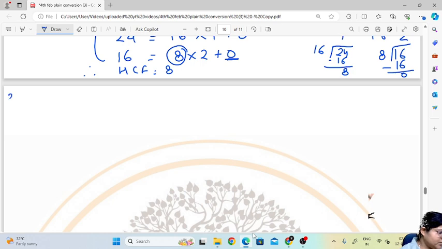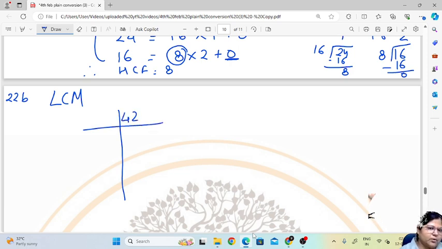Now for question number 22b, the LCM of 42 and 343 by prime factorization. So LCM, least common multiple. First we will do the factorization of 42: 2, 21, 3, 7, 7, 1.